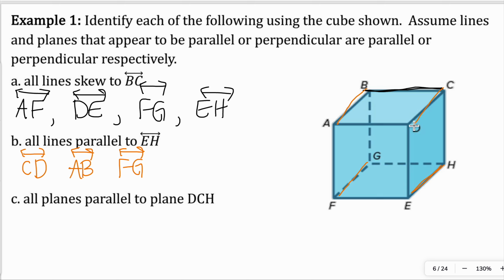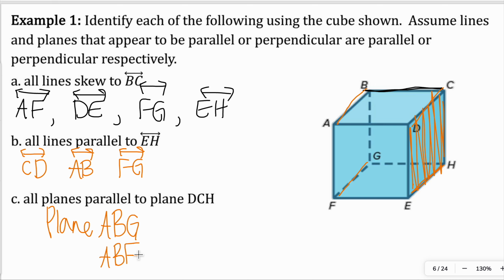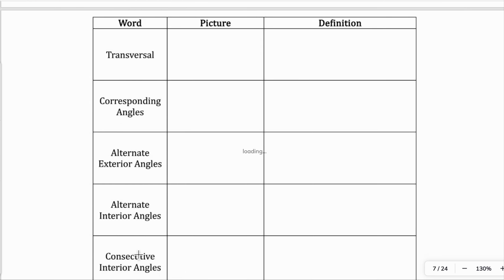Okay? And then all planes parallel to plane DCH. This is DCH. The only parallel plane we have is plane ABG, or you can say ABF.